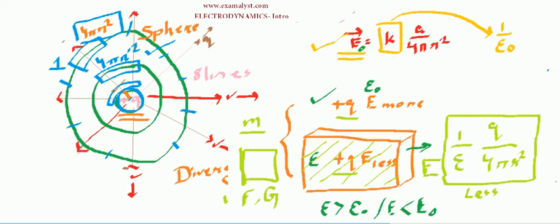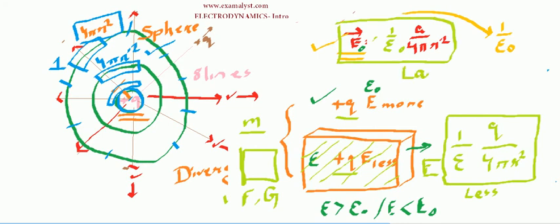And here it is 1 by epsilon naught, and the value of E naught is large.